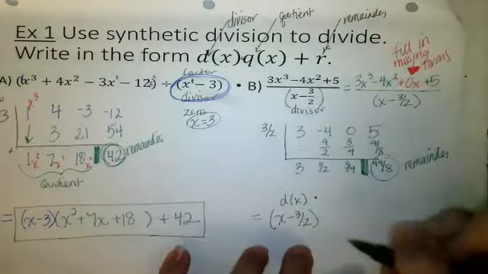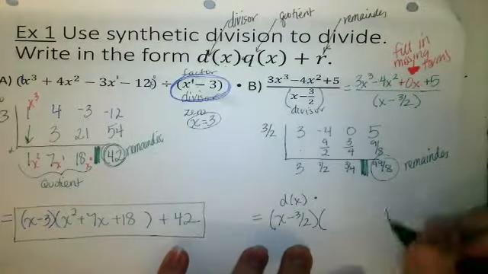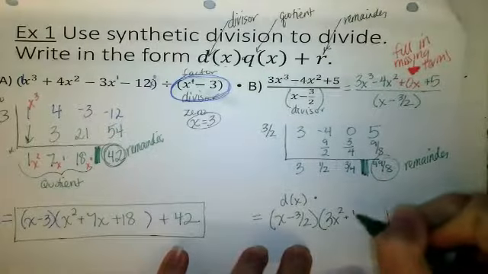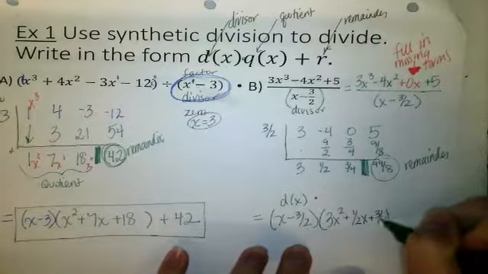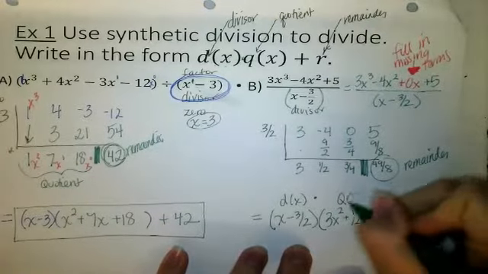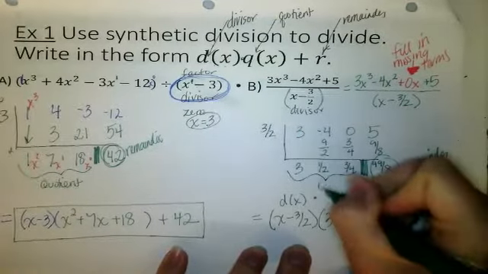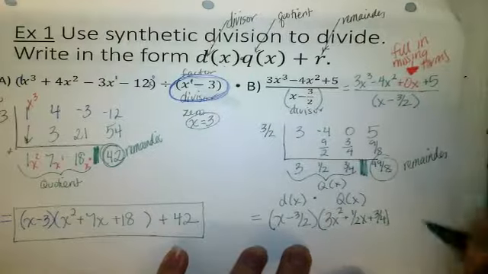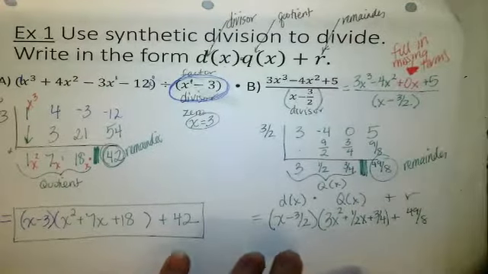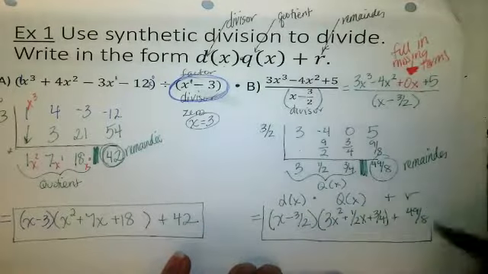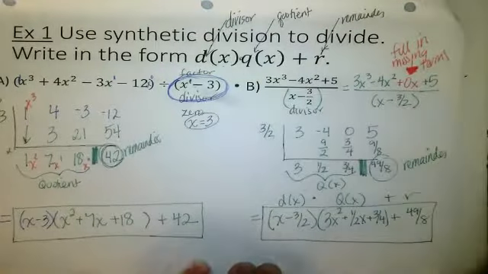And what's the quotient? 3x squared plus 1/2 x plus 3/4. Got it. Okay, good. So that's our quotient, Q of X right there. Plus remainder, what's our remainder? 49/8. Divisor times quotient plus remainder.